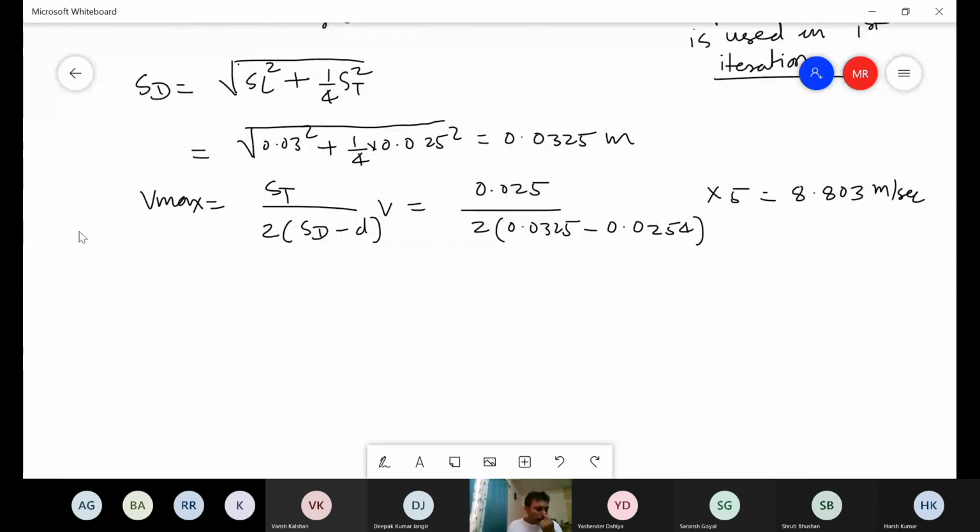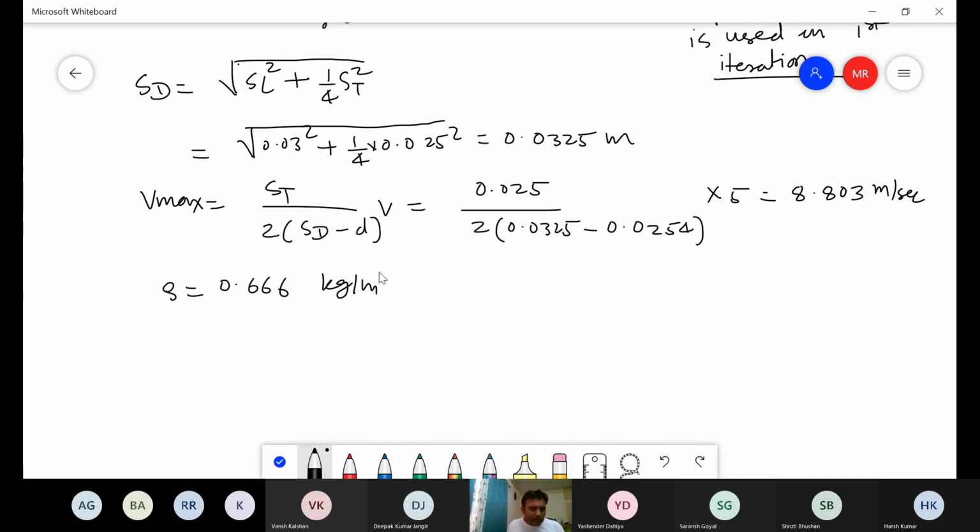Now the properties are also given, so we can assume them the same as those of air. Rho is 0.666 kg per meter cube. Mu is given as 2.8 into 10 raised to power minus 5 kg per meter second.